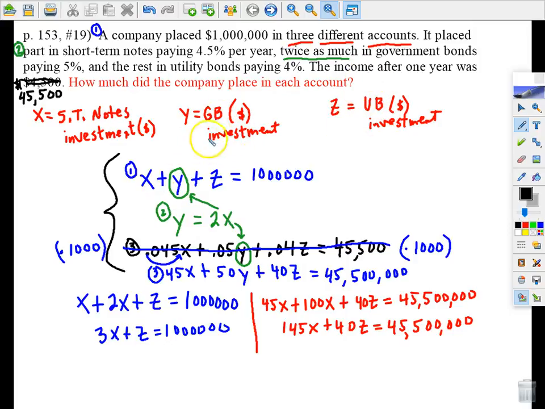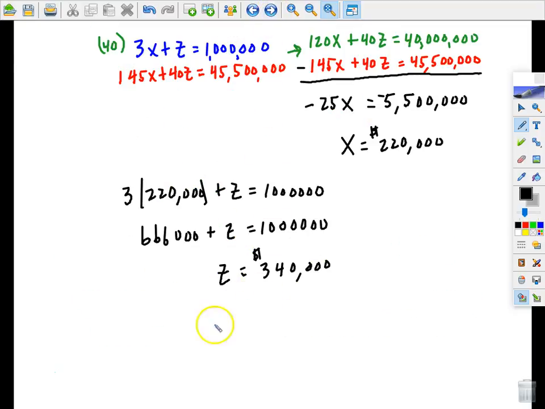And the only thing left is to find our y variable, and that's pretty easy to find using this second equation. y is equal to 2 times whatever x is. And we've already found x, so y is just double that amount. And so it should be pretty simple to see that y is going to be $440,000.